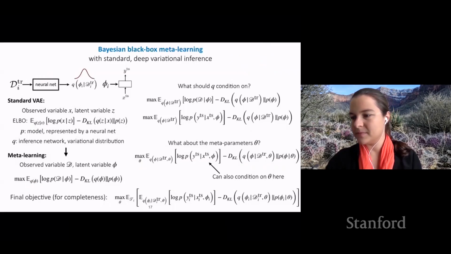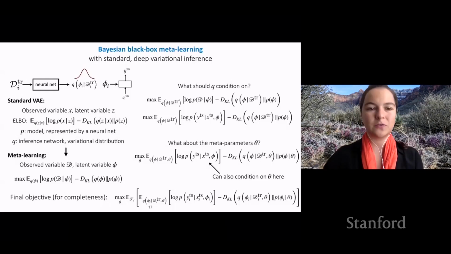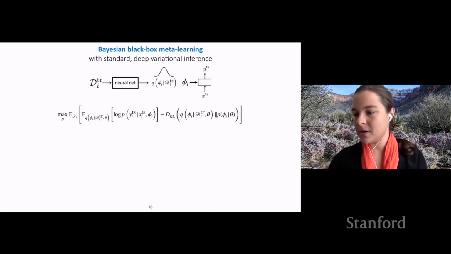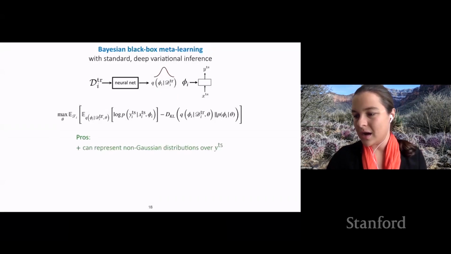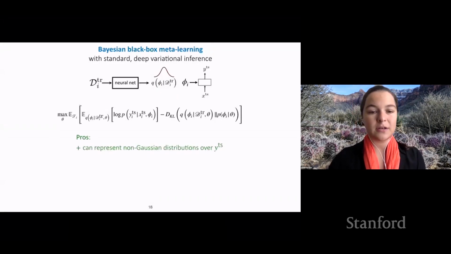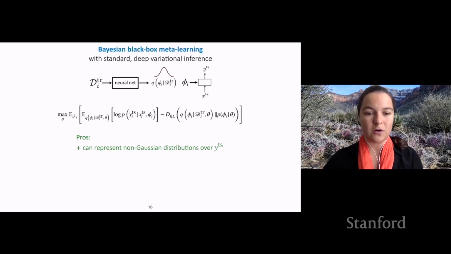Okay, so this is one way to produce a Bayesian metalearning algorithm that allows you to get a distribution over your task-specific parameters given your training data. And this allows you to get non-Gaussian distributions over y-test.